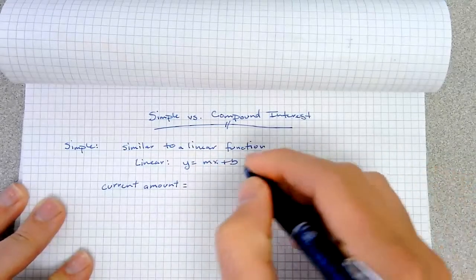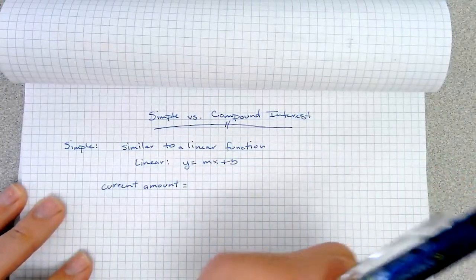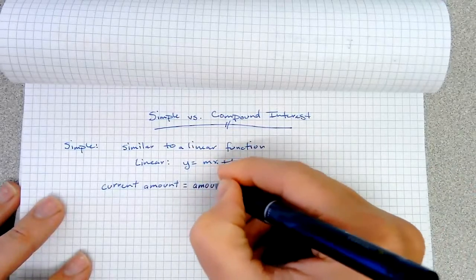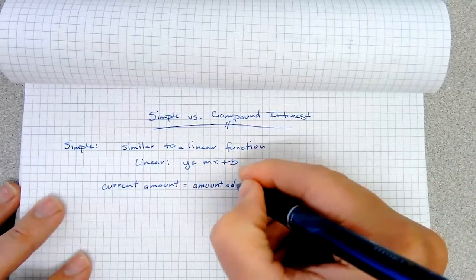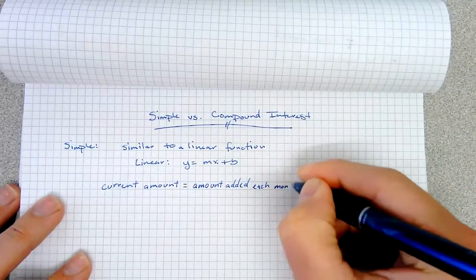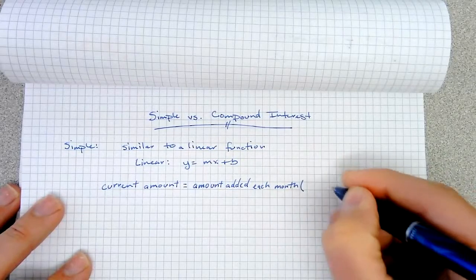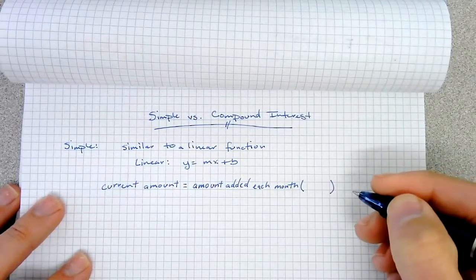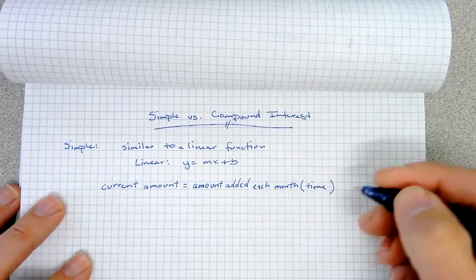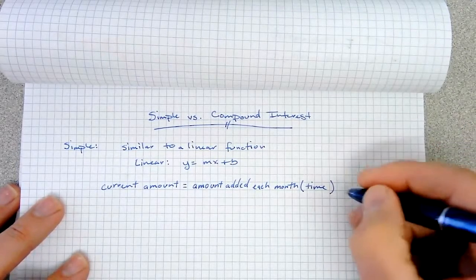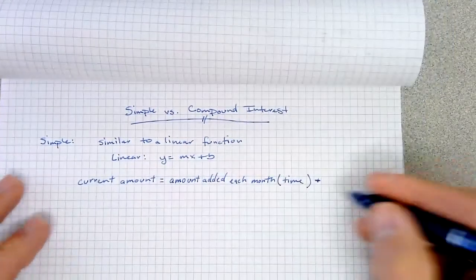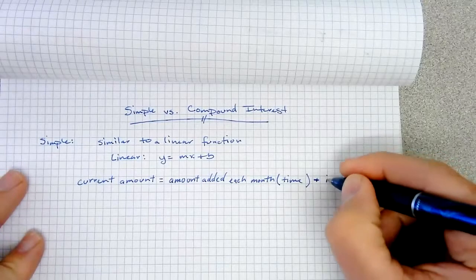M is going to be how much you are adding each month. You're going to multiply that by time. Usually for simple interest, it is years. And then we're just going to add our initial investment.